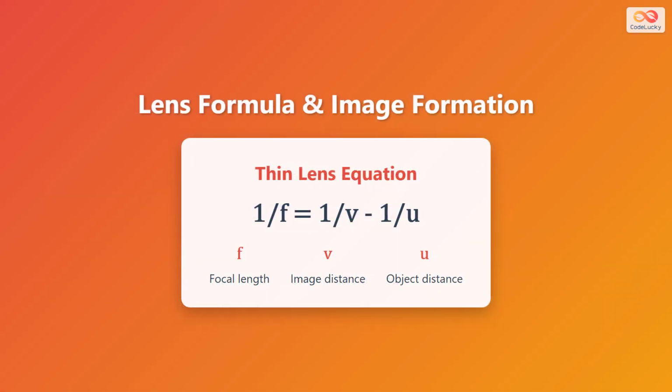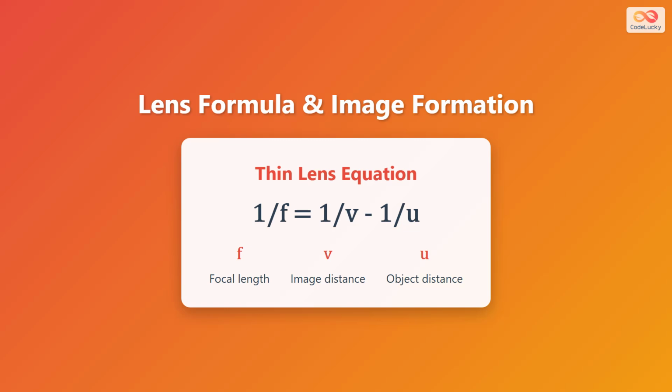The relationship between the lens, the object, and the image formed is described mathematically by the thin lens equation. This equation states that 1/f = 1/v - 1/u, where f represents the focal length of the lens, v represents the image distance from the lens to where the image is formed, and u represents the object distance from the lens to the object being photographed.